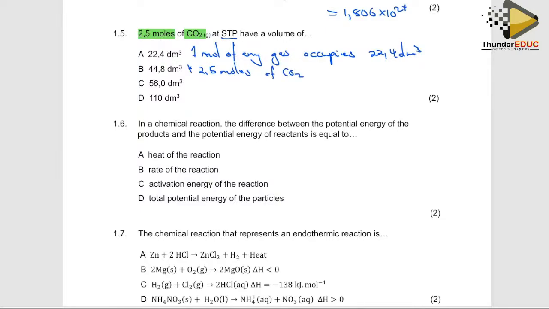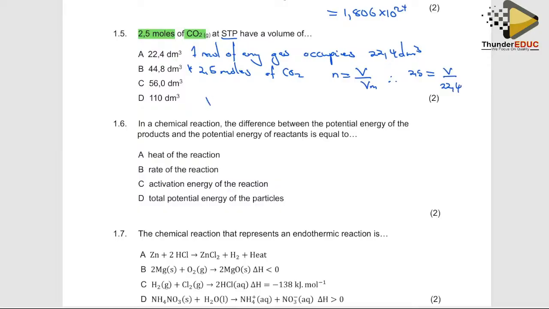Therefore, by formula, our n is equivalent to V all over Vm, right? Therefore, to substitute with the values there, what am I looking for? Do I have the number of moles? Yes, the number of moles is 2,5, which is equivalent to the volume I'm looking for, V, all over 22,4, which is the molar gas volume, right?